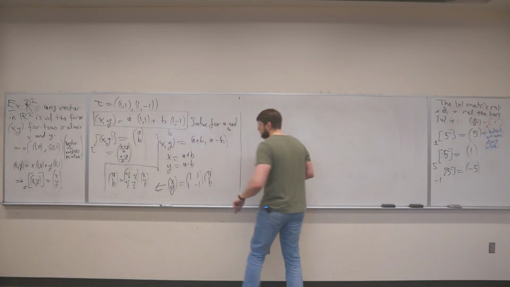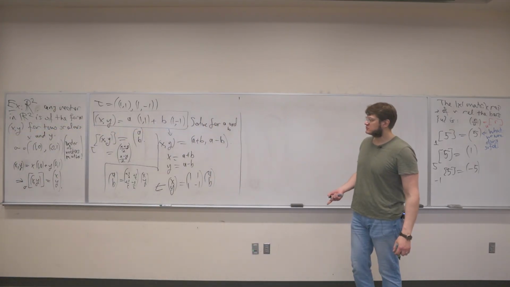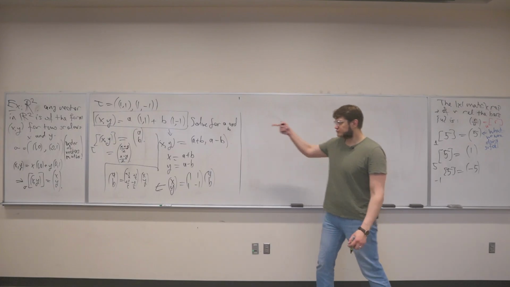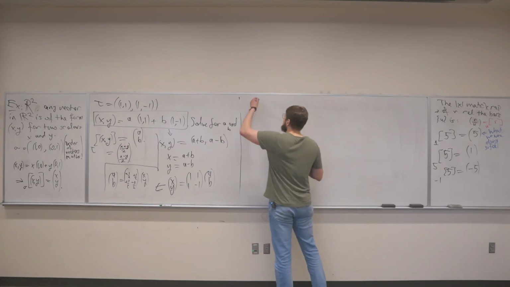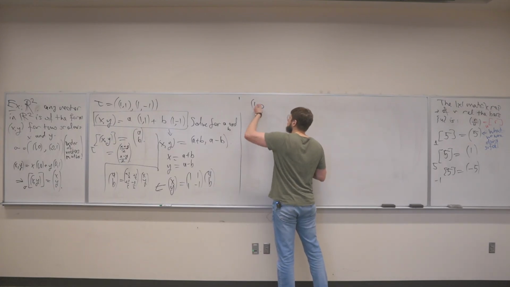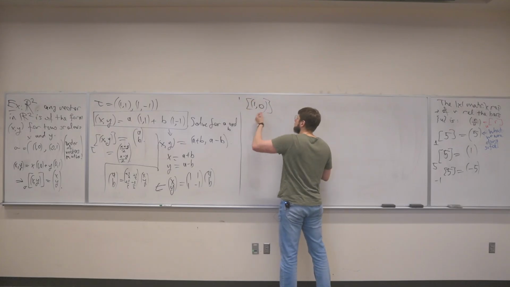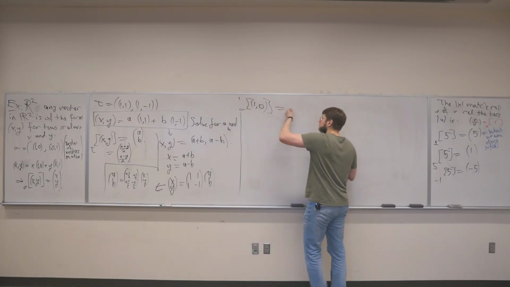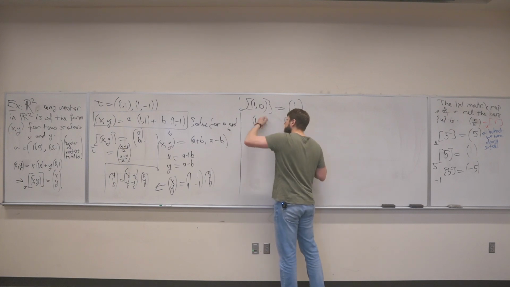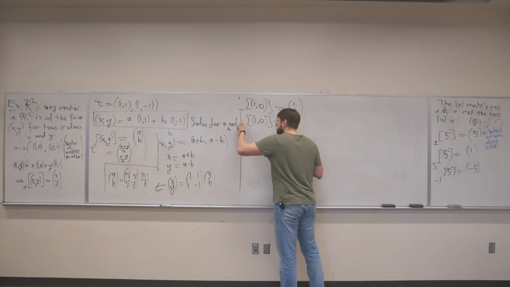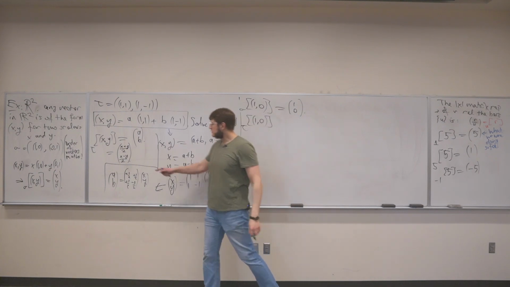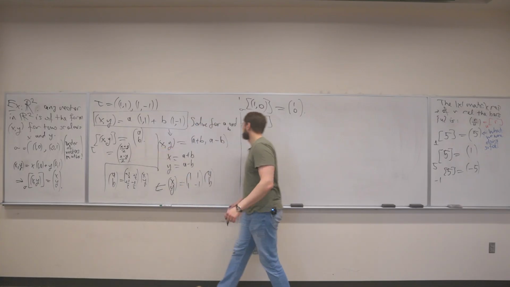So for instance, (1, 0) relative to sigma would be stored as (1, 0). (1, 0) relative to tau, this time would be stored as (1/2, 1/2).